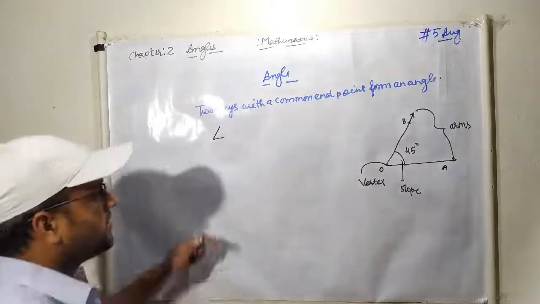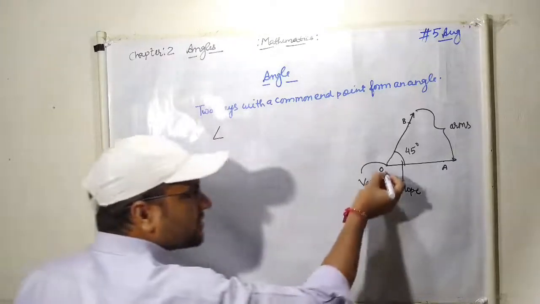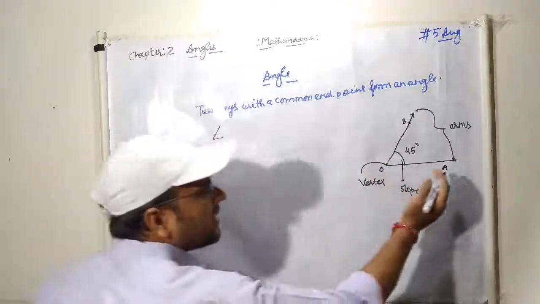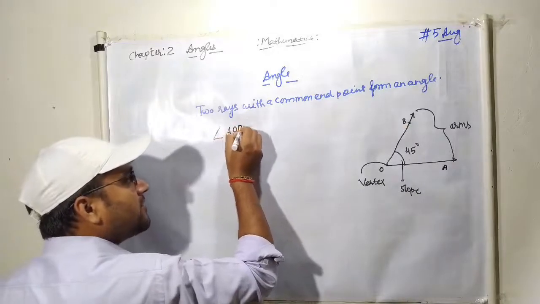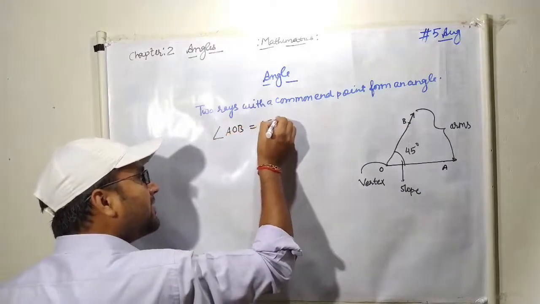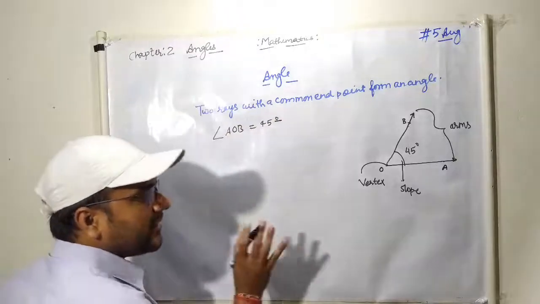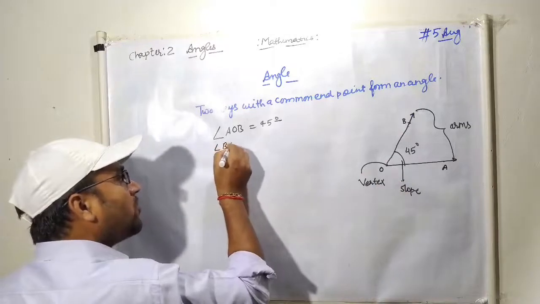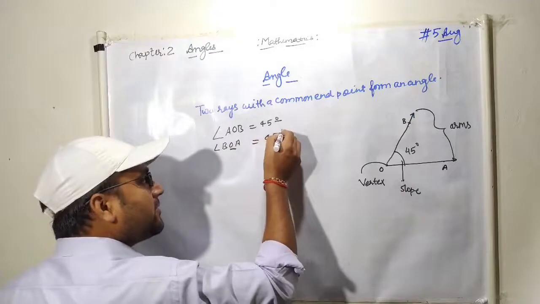You can use this symbol to represent an angle, and this vertex is always in the middle of your angle, like angle AOB is equal to 45 degrees. This is known as a degree. Your angle is always in degrees. You can start from this side also: angle BOA, you see this vertex is in the middle. It is 45 degrees.